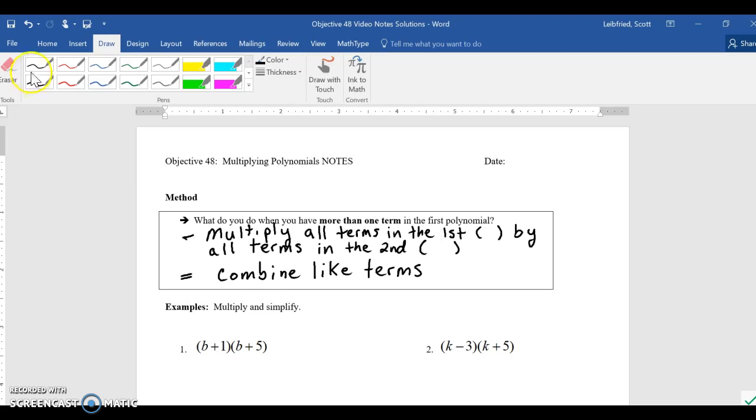So we're going to multiply b times b, which is b squared. We're going to take b times 5, which is 5b.